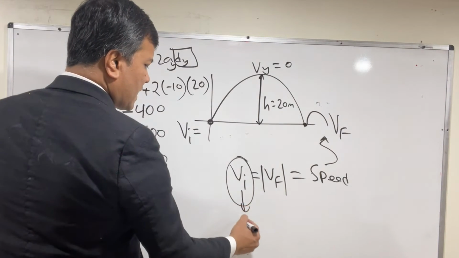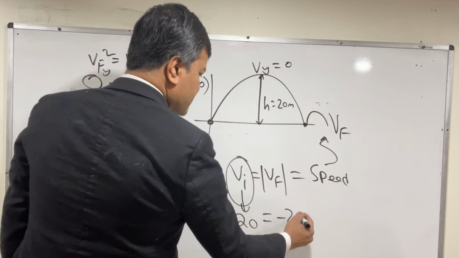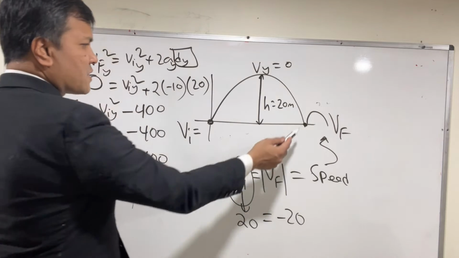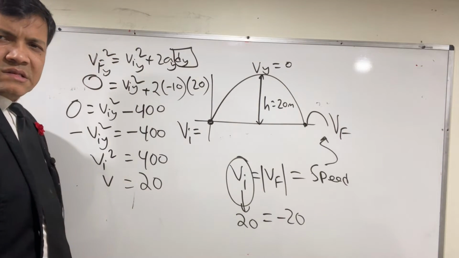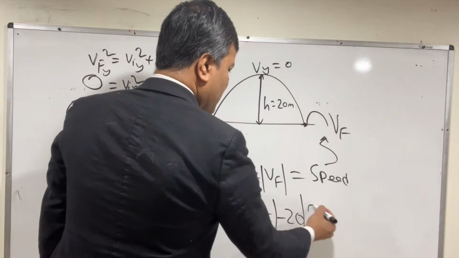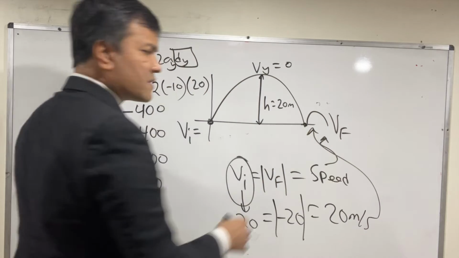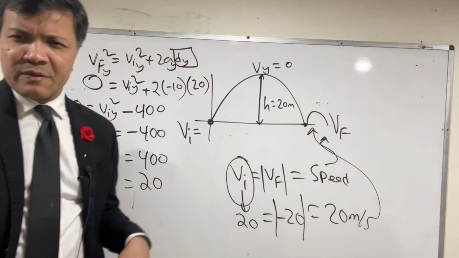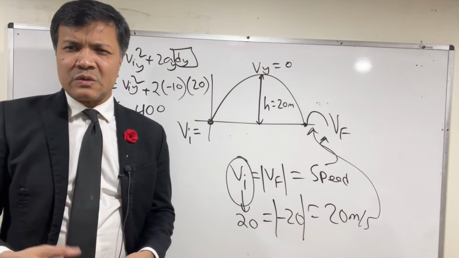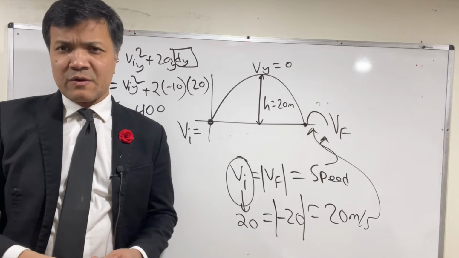So vi is 20. Okay, so vf is negative 20, because of course this is equal in magnitude, opposite in direction. The absolute value is 20 meters per second, the final speed of the ball in this throwing up, which is also a free fall problem.